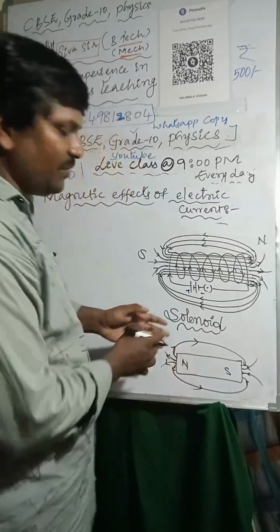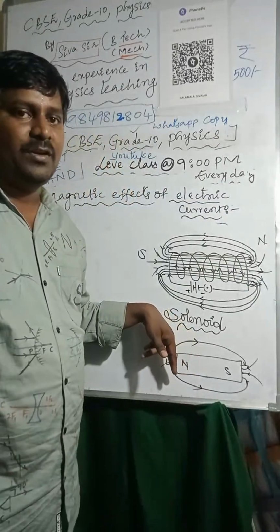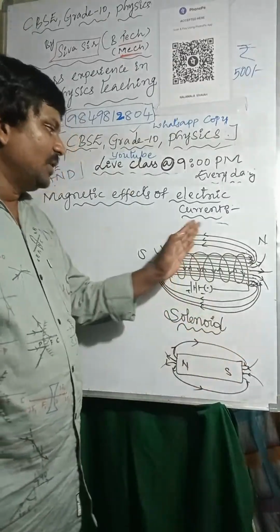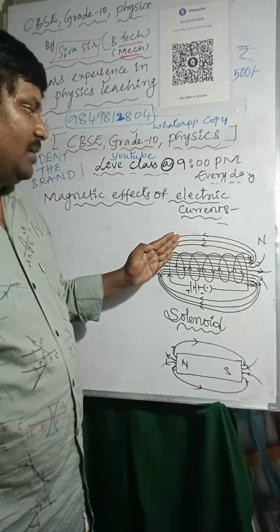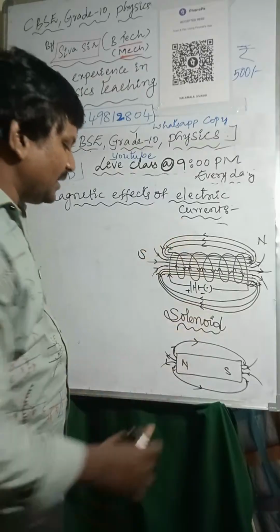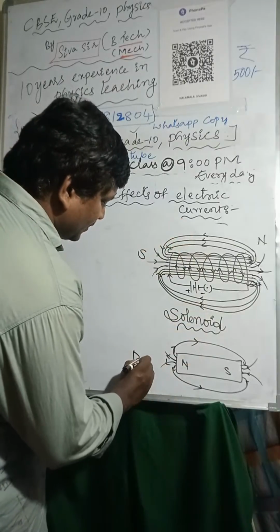Here the magnetic field is moving away from north and reaching south. So the difference between a solenoid and a bar magnet is, so this is a bar magnet.